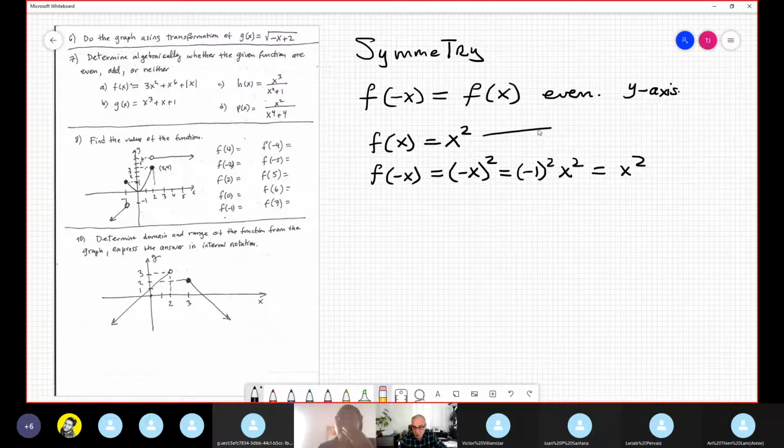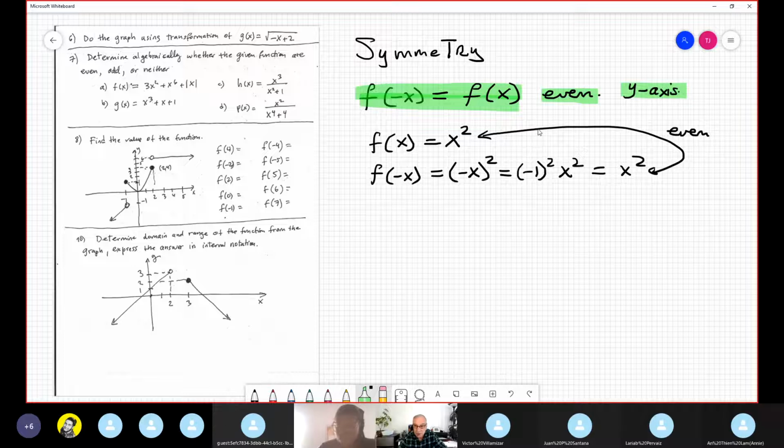When you compare this and this, wow, it's the same. Therefore, it's even. This is the definition of the even function, special because it's symmetric with respect to the y-axis.